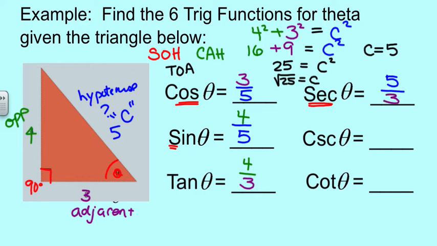To find the cosecant, I'm going to flip-flop the sine. So it's going to be now 5 over 4. And please make sure you leave them as fractions. The last one, cotangent, is the reciprocal of the tangent, the inverse of the tangent. So now it's going to be 3 over 4.